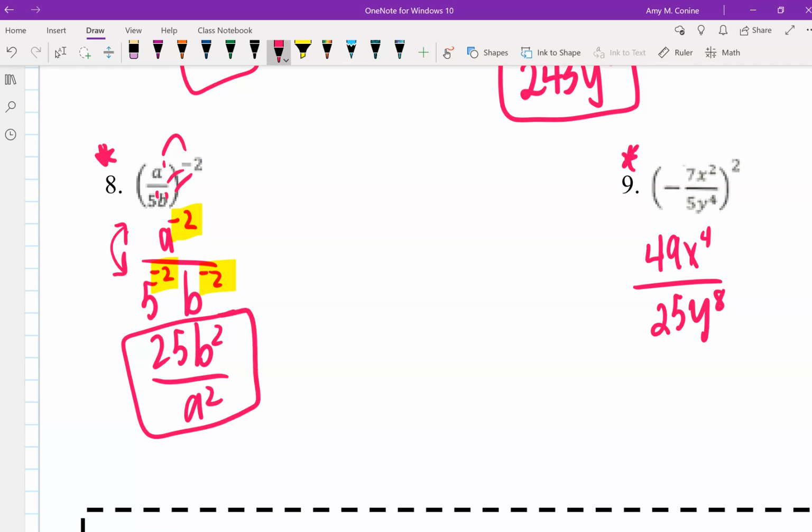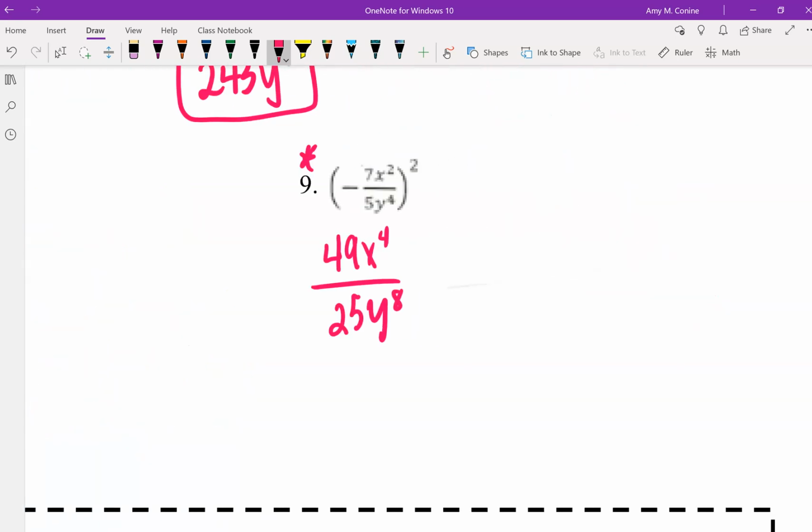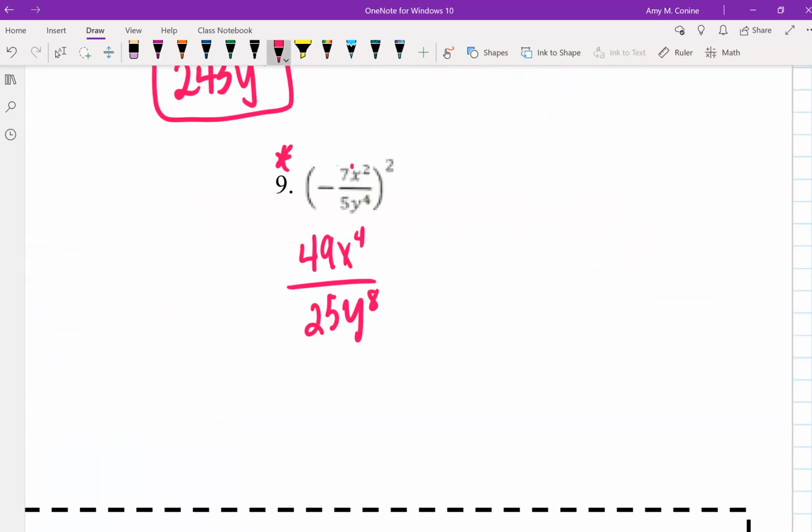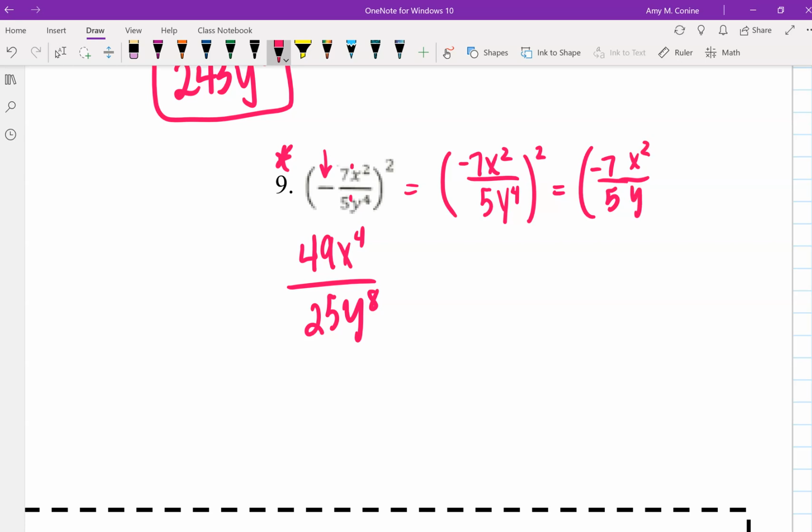So I want to take a look at number 9. Number 9, all the coefficients have an exponent of 1, but we have this negative here. So it doesn't matter which, the top or the bottom, you make negative. So I'm going to go ahead and make the top negative. So if you remember, this square means you're multiplying something times itself twice.